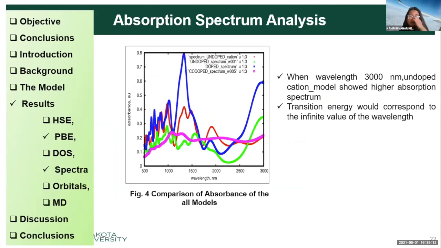Okay. So after computing the absorption spectrum, we compute the absorbance versus wavelength, and we are able to see that the wavelength is around 3000 nanometers. All models show higher absorbance, and we can say that it's the reverse of the absorption spectrum graph.